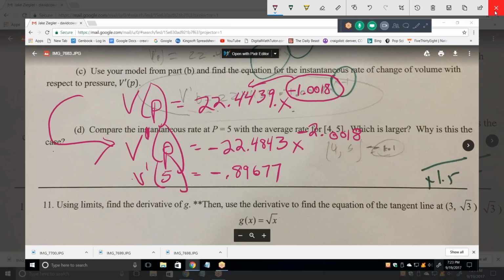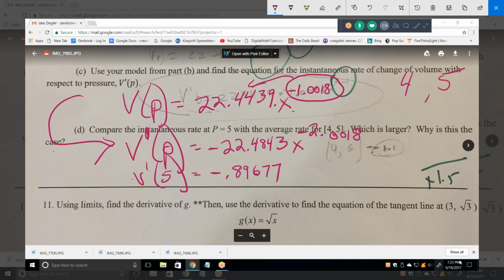Well, if we go back, from 4 to 5, what were the two? Oh, I can just look in my calculator. Hold on a second. From 4 to 5, we went from 5.6 to 4.5, right?